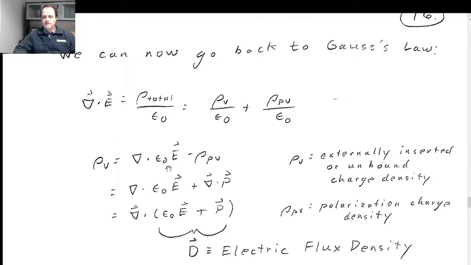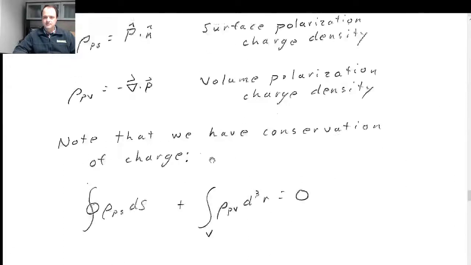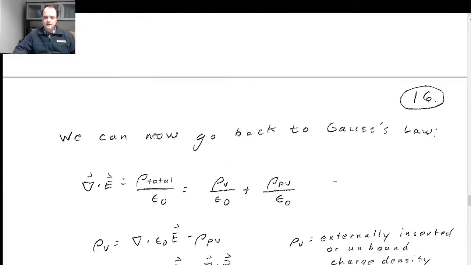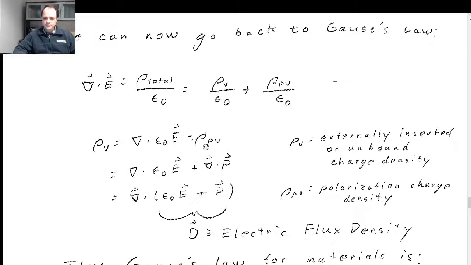Now, this was our polarization charge density, that was, going back up to here, this right here. So we substitute this for this, and the negative goes away. We get the del dot P. We have two del dot operations in the first two terms here. We take that out, and then we have epsilon naught E plus P.